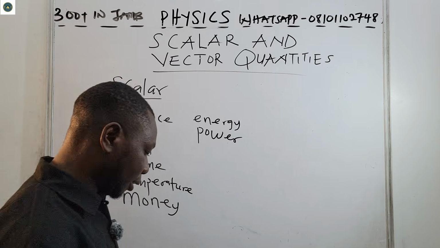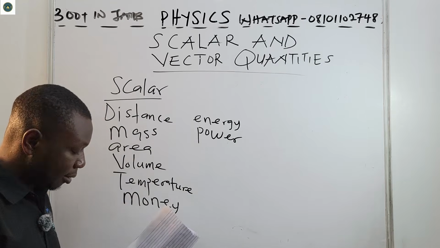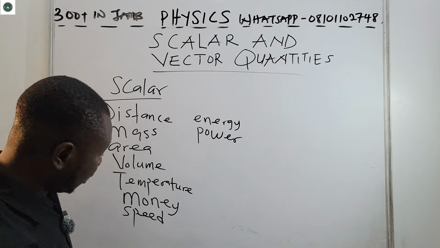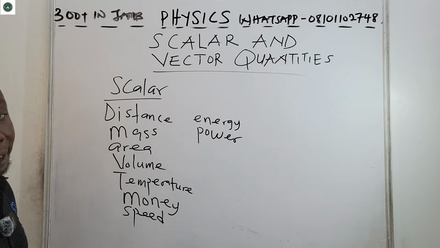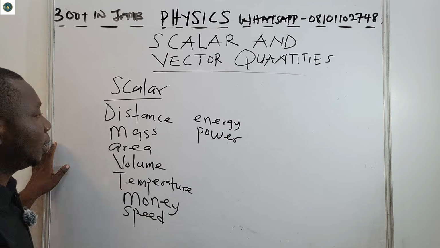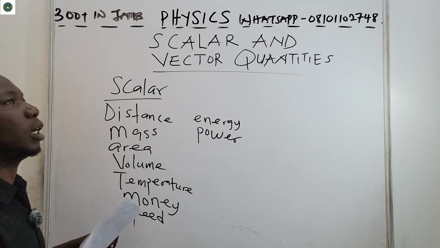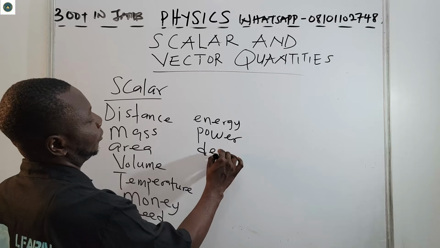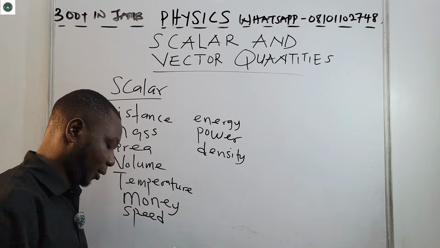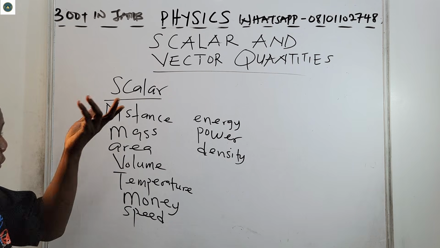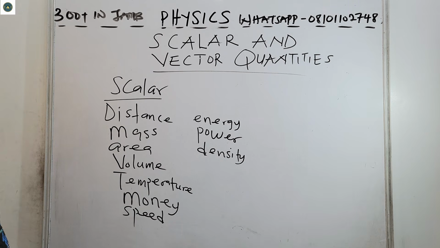They also have speed, which is distance per unit time in an unspecified direction. So these are all scalar quantities. We can equally have density. Density is also a scalar quantity. They have magnitude but no direction.